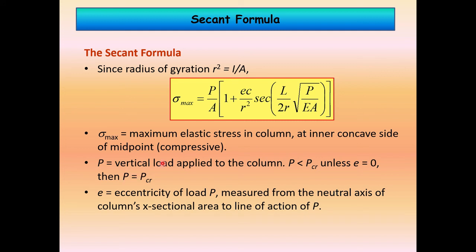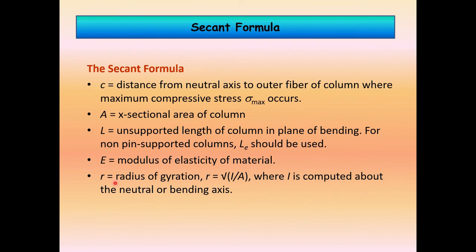P is the vertical load applied to the column. e is the eccentricity of load P measured from the neutral axis of the column. c is the distance from the neutral axis to the outer column fiber where the compressive stress occurs. A equals the cross-section area of the column. L is the length of the column. E is the modulus of elasticity. r equals the radius of gyration. Thank you.